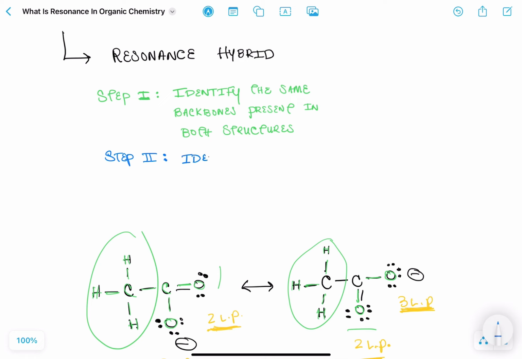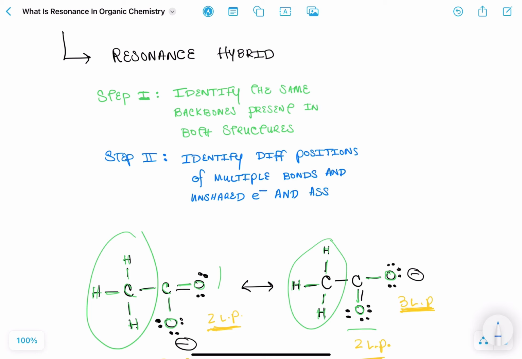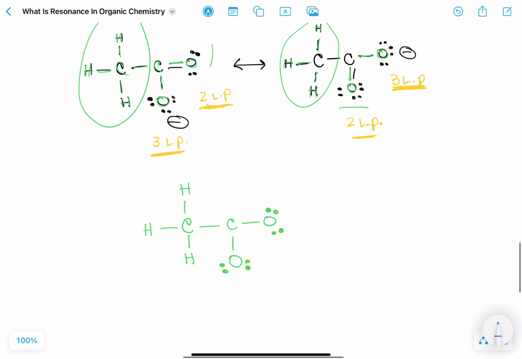So identify different positions of multiple bonds and unshared electrons, and then assign partial negative or partial positive or dashed lines.